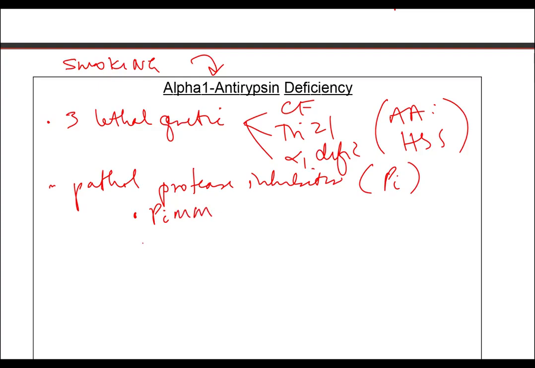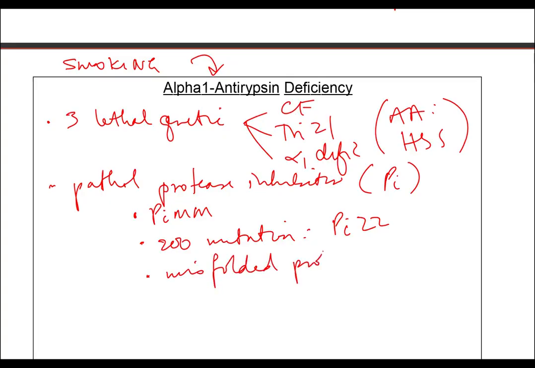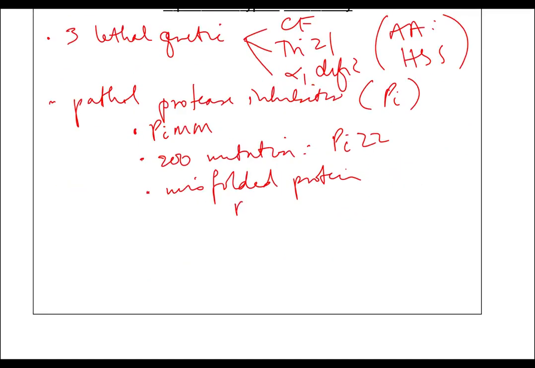There are over 200 different mutations described, but the most important and commonest one is the homozygote PiZZ. The problem with this defect is it gives us a misfolded protein. The protein then cannot escape the endoplasmic reticulum, and with that trapping in the endoplasmic reticulum, it forces apoptosis in the liver cell, so the first complication of this disease is hepatitis.